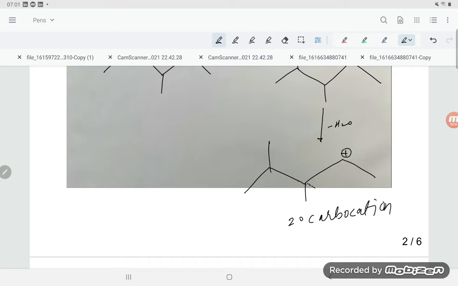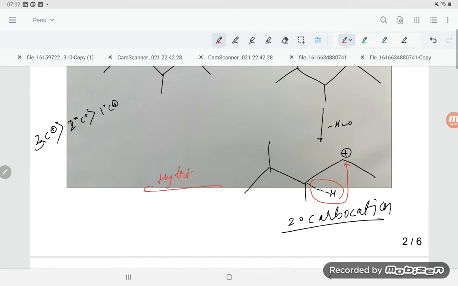We know that a 3-degree carbocation is more stable than a 2-degree carbocation, which is more stable than a 1-degree carbocation. This is the 2-degree carbocation, so it can form the more stable carbocation. So this hydride will shift here. This is known as hydride shift, right?